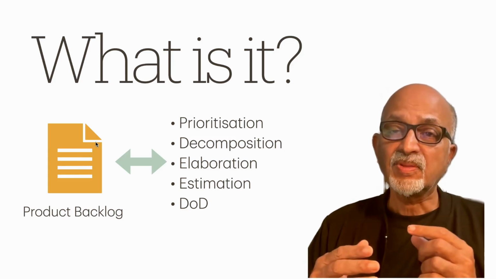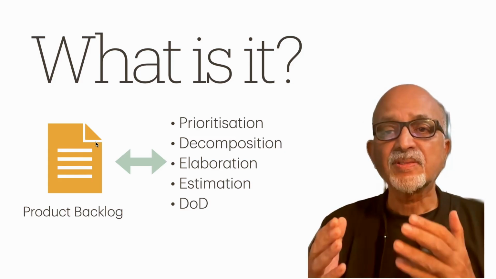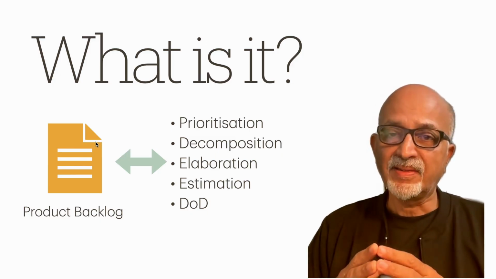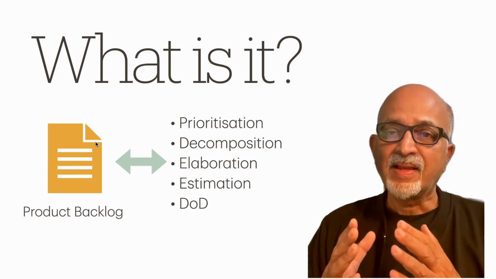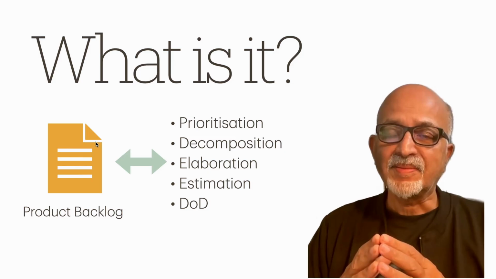That term user story is very, very important because user story is not mentioned anywhere in the Scrum guide. But good practitioners of Scrum realize that this is a mandatory step.